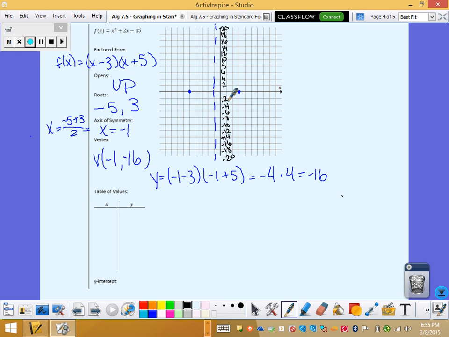Okay, so I'm at (-1, -16), and there we go. Of course, since I've only changed one scale, my graph is going to look wider than it actually is. I would have to change the scale to get an accurate picture.